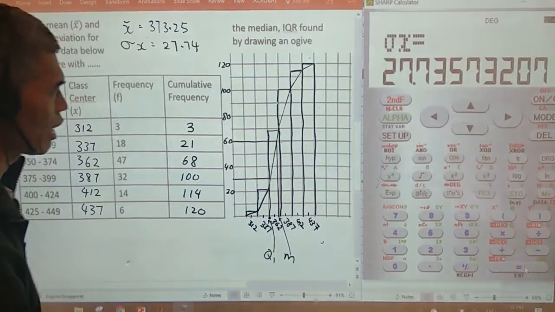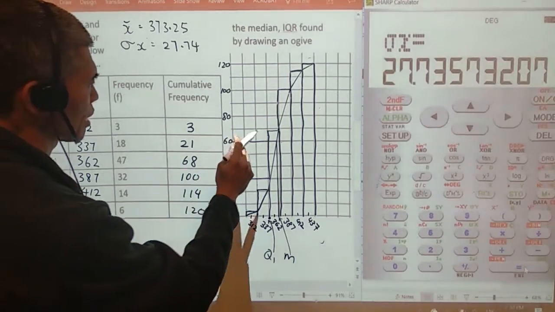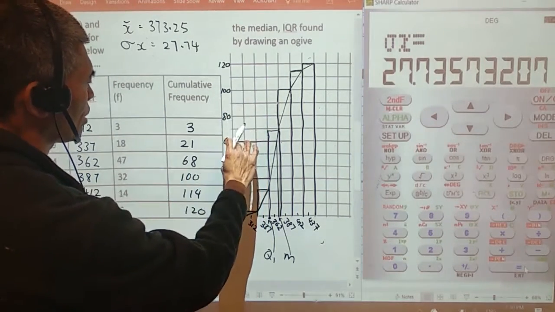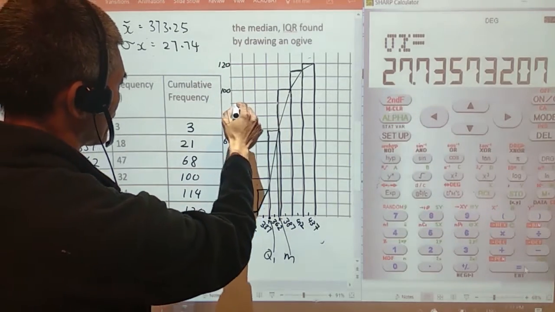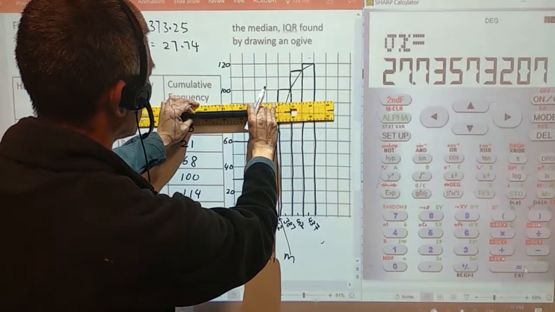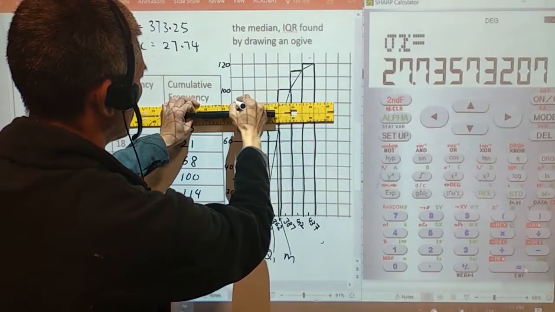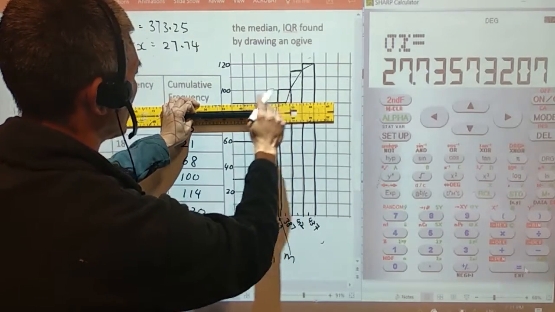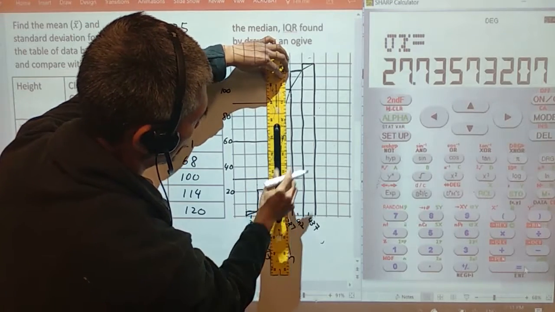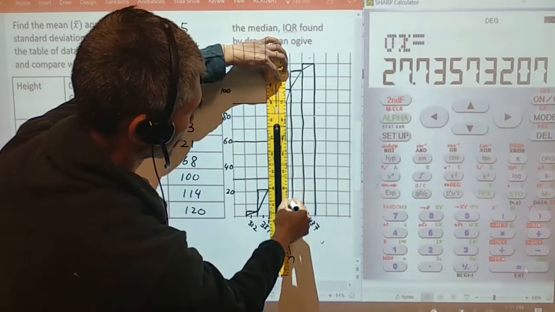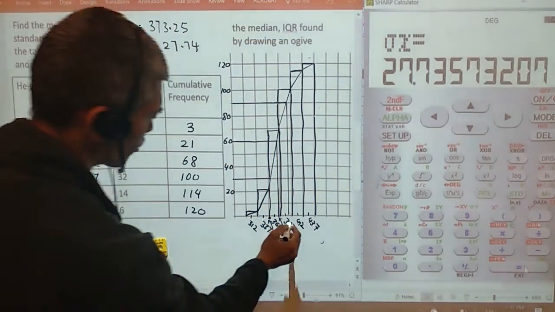And let's take a look at Q3. Q3 would be halfway between 60 and 120. That will put us at 90. So we're going to produce a line and draw it towards the ogive. Then we're going to drop a line down from here. Okay, so this will be our Q3.